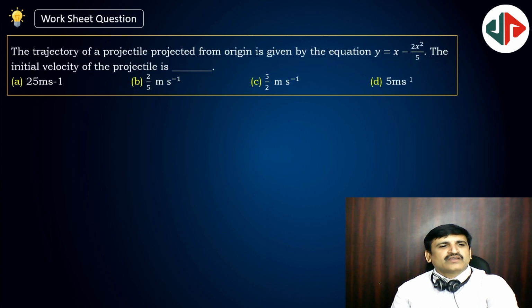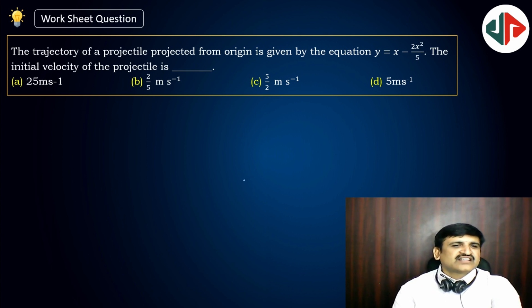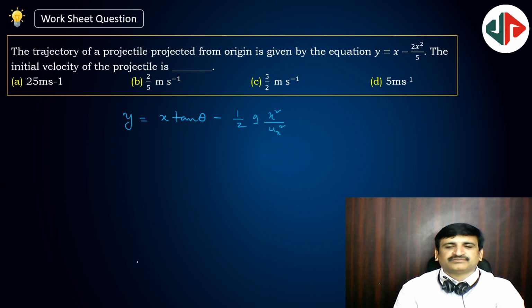Next, the trajectory of a projectile projected from the horizon is given by the equation y is equal to x minus something. The question asks for the initial horizontal velocity of the projection. You know the trajectory equation y is equal to x tan theta minus half g x square by u square cos square theta. So on comparing the given equation with this, I can write minus 2 by 5 is equal to minus 1 by 2 g by ux square.